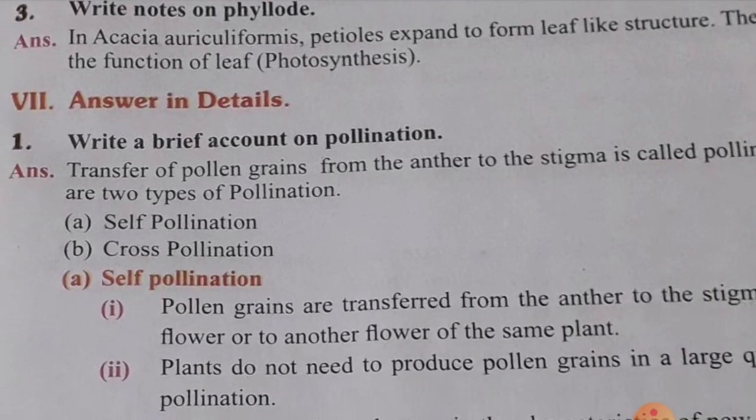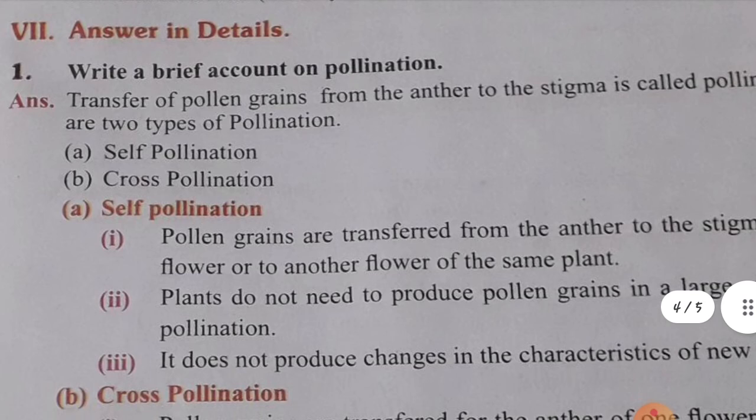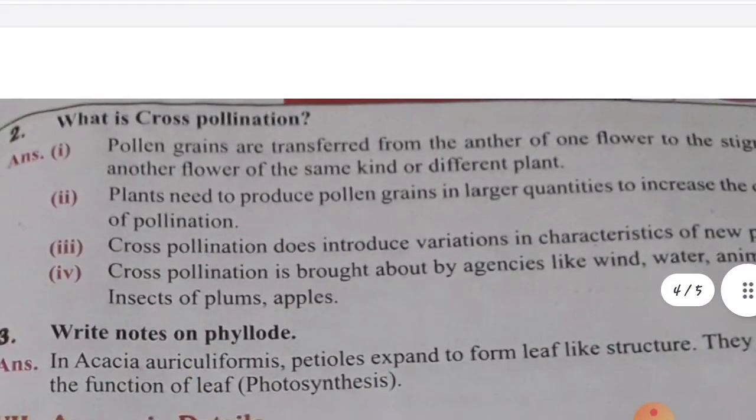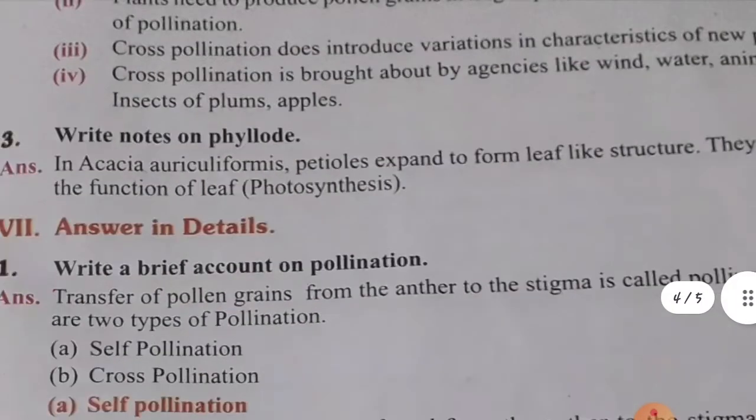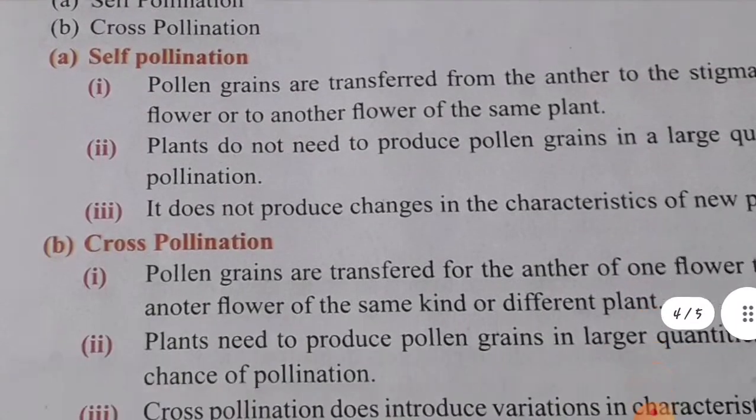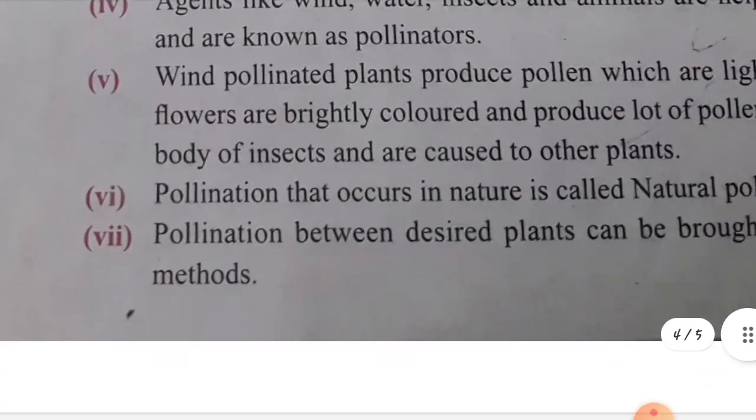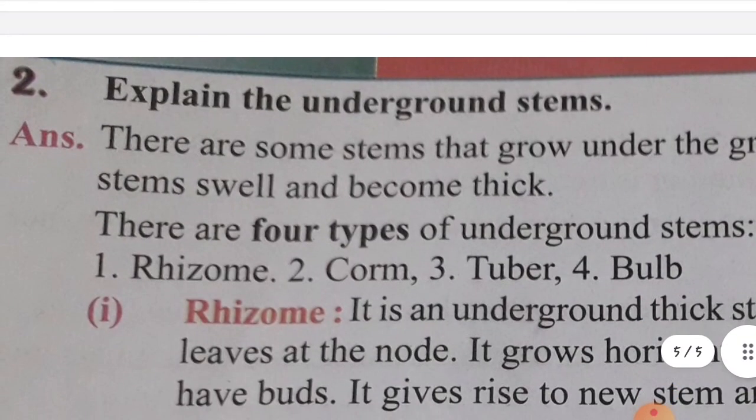Children, detailed answers. There are two detailed answers, children. One is an account of pollination. First write the definition of pollination. And you know the types of pollination, children? Yes, self-pollination and cross-pollination. So here you have to learn cross-pollination and self-pollination. Okay, that's all, children. And concentrate on the second question. It's a very important question, children.